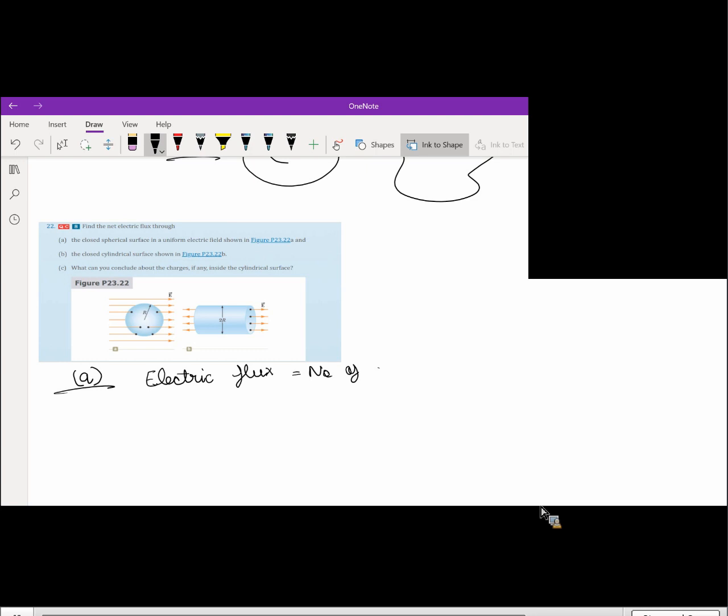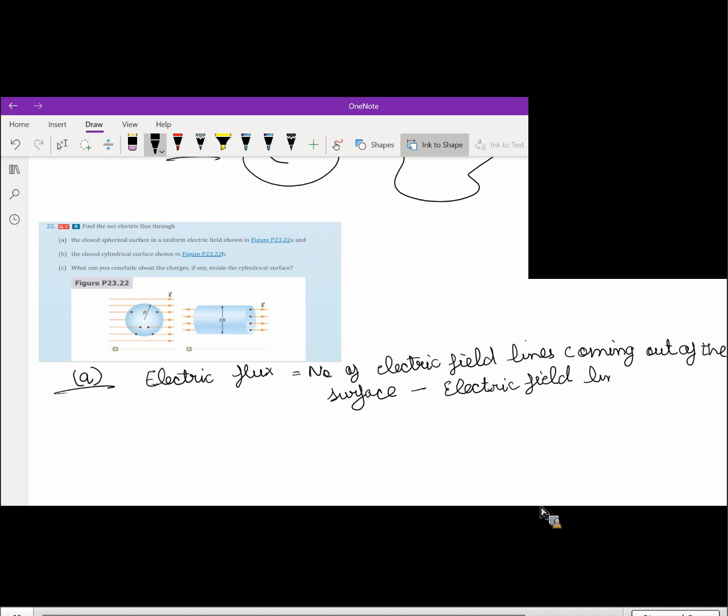the number of electric field lines coming out of the surface subtracted by the electric field lines coming in.